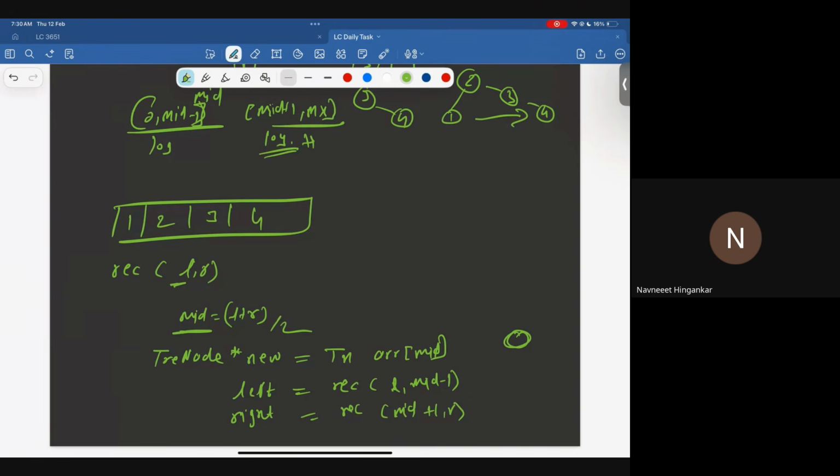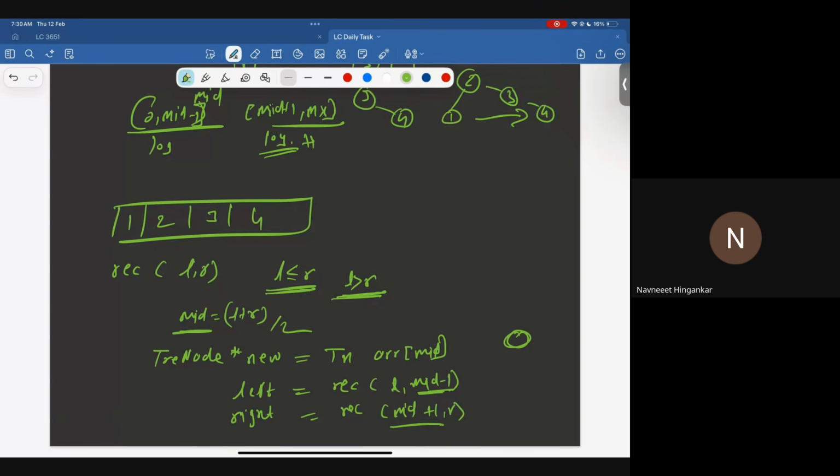But you need to make sure of the exact definition of your range. This range will never get empty, so L is less than or equal to R. The moment L gets greater than R, because obviously we are doing mid minus 1, we stop.